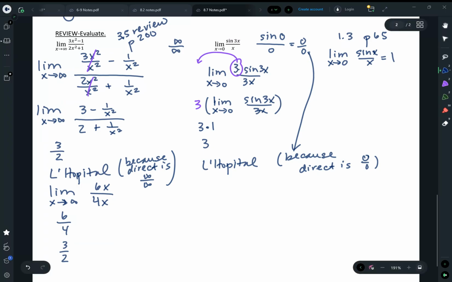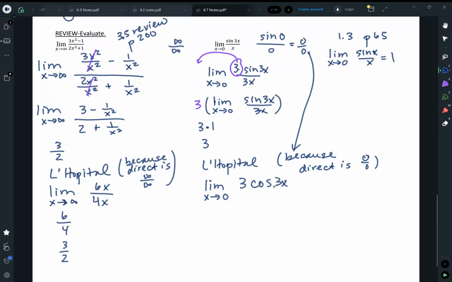So let's think about taking the derivative of sine. The derivative of sine is cosine, but chain rule means we also have to multiply it by 3. So we're going to have the limit as x approaches 0 of 3 cosine 3x. The derivative of x is just 1, so it takes care of that denominator issue.